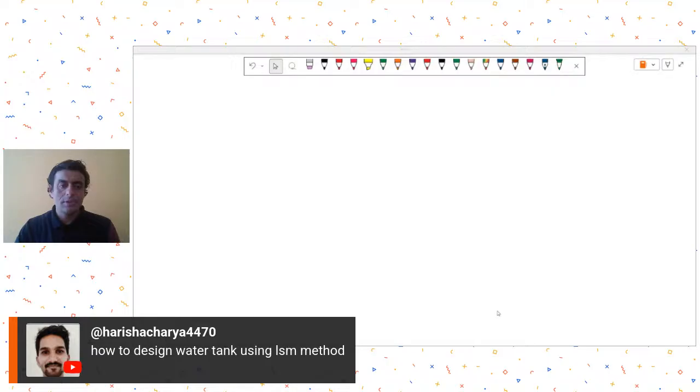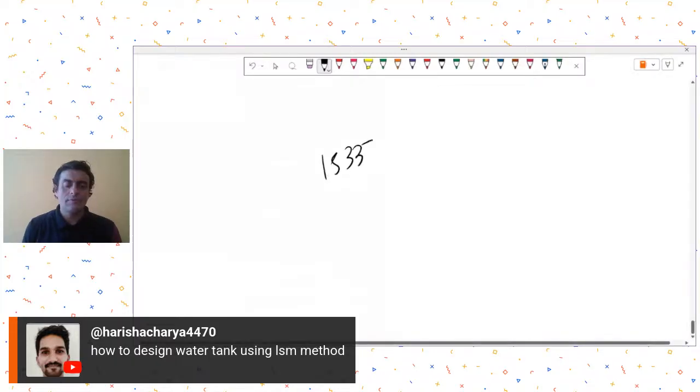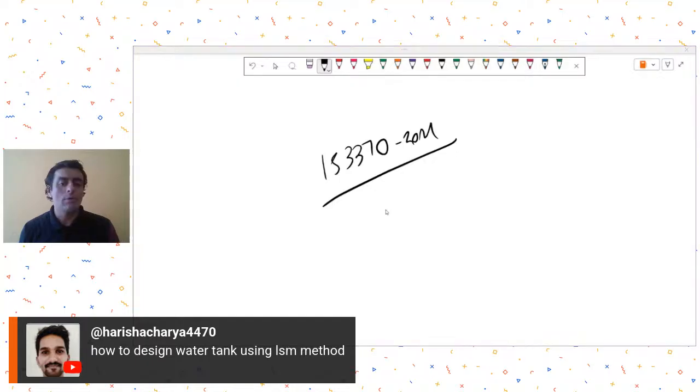Okay, wait a minute. Mr. Harish Acharya is asking how to design a water tank using the LSM method. You may refer to IS 3370 2021. These codes have been revised and updated for the LSM based method.